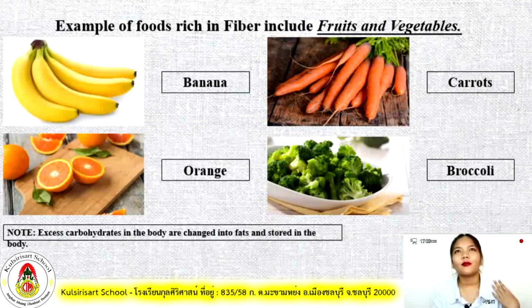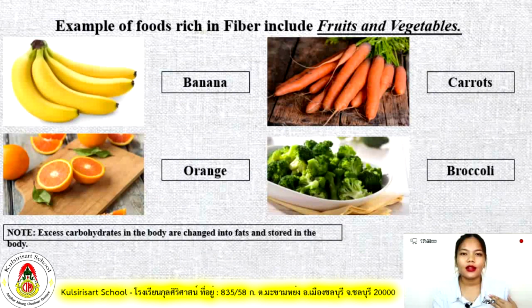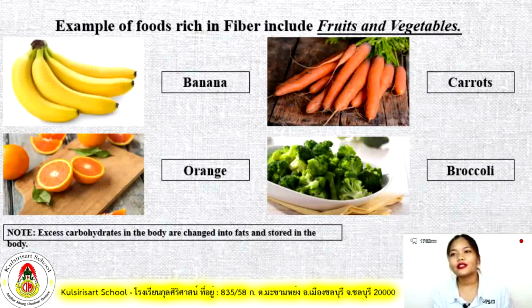For example, I ate half of a cake and did not do any workout or exercise that day, meaning I wasn't able to utilize that energy from the carbohydrates. That's why all of this will be turned into fats. That only goes to show that we should not eat too many carbohydrates, because they will turn into fats.